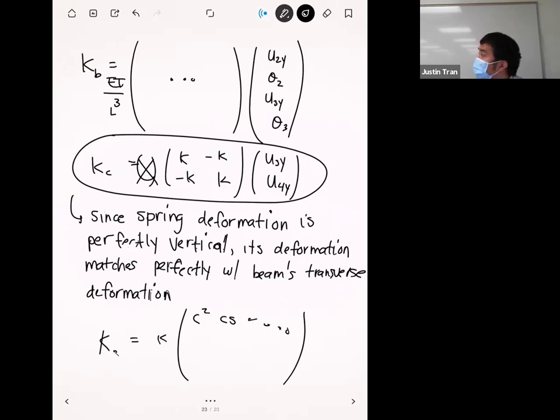You just have to be mindful of what constants you should put in there and what direction it's facing. Also, another question back to the note that you mentioned earlier. If we were to have the spring horizontal to the beam, then we would have to worry about the cosine and sine? Yeah, it's a good question.